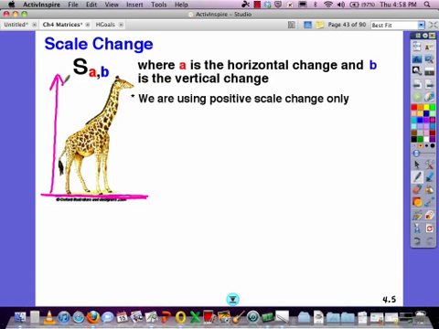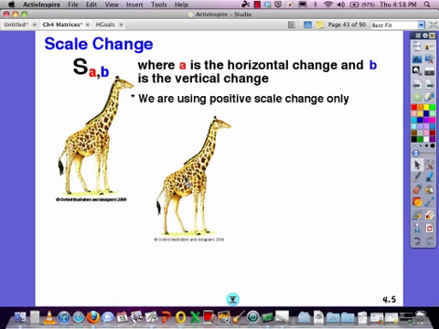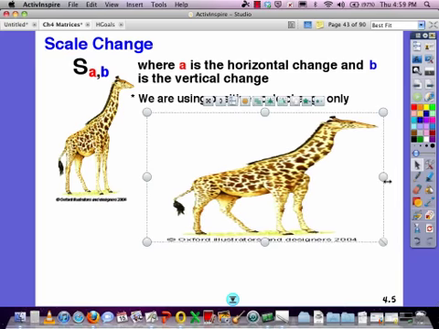All right, using that idea, let's start talking about characteristics. If I took Mr. Giraffe here, I made a copy, and asked you to come up and scale him by some horizontal movement. So if we wanted you to scale him by some horizontal, that's on the X only. All right?